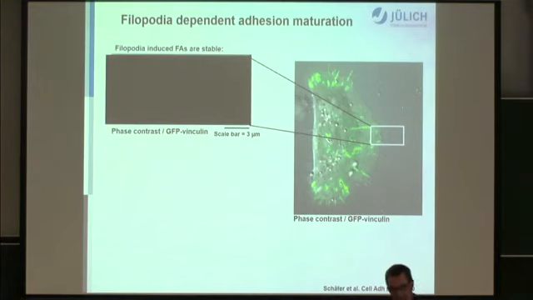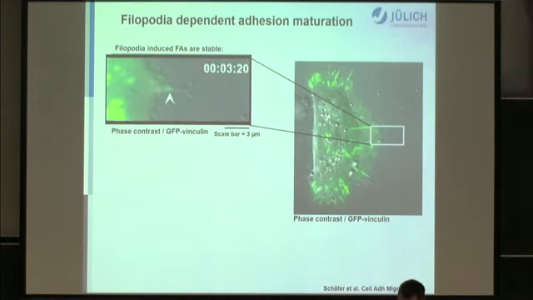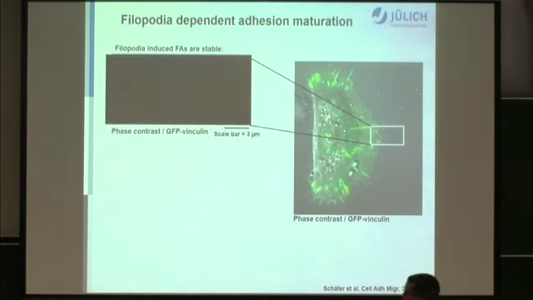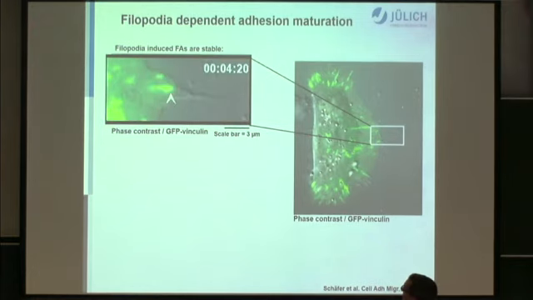But later I'd like to mention that what is really important for a stable focal adhesion is the connection between an actin bundle or actin cytoskeleton, including myosin, and the adhesion proteins. So what you have here is the localization of filopodia, and this area will now be analyzed over time, and you see that wherever a filopodium is formed, later on, at the lamellipodia, the focal adhesions come into place.